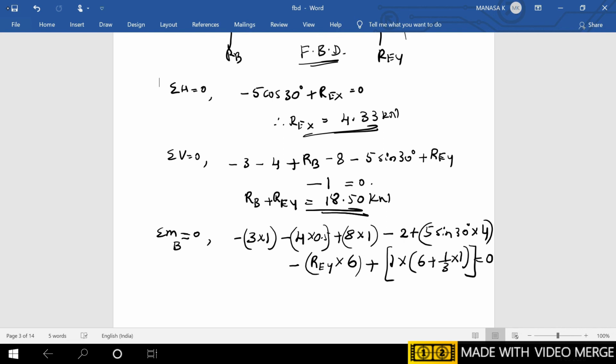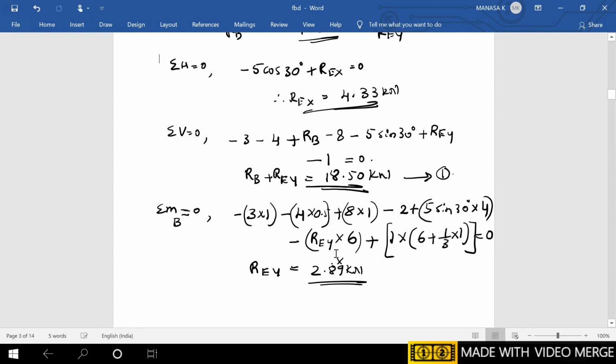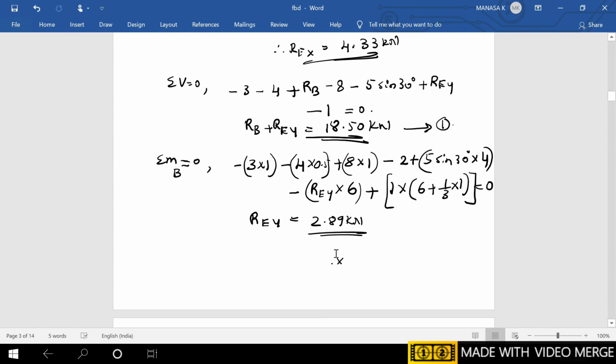So by calculating this equation, since there is only one unknown here, that is Rey, we get 2.89 kilonewton. Next, you can consider this as equation number 1. By equation number 1, you have Rex now, so substitute and find out what Rb is.